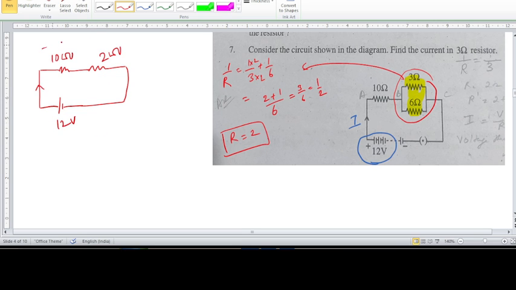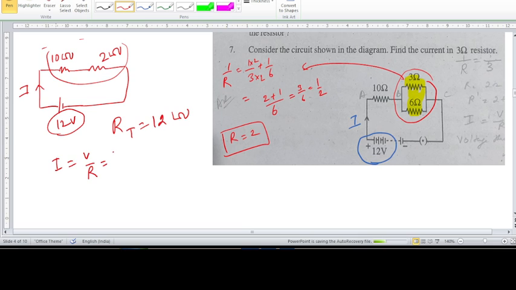The overall resistance is simply 12 ohm, R1 plus R2. Now I have overall resistance and overall voltage, so what is the overall current? Using Ohm's law, I is equal to V by R, simply 12 by 12, that is 1 ampere of current in the circuit.